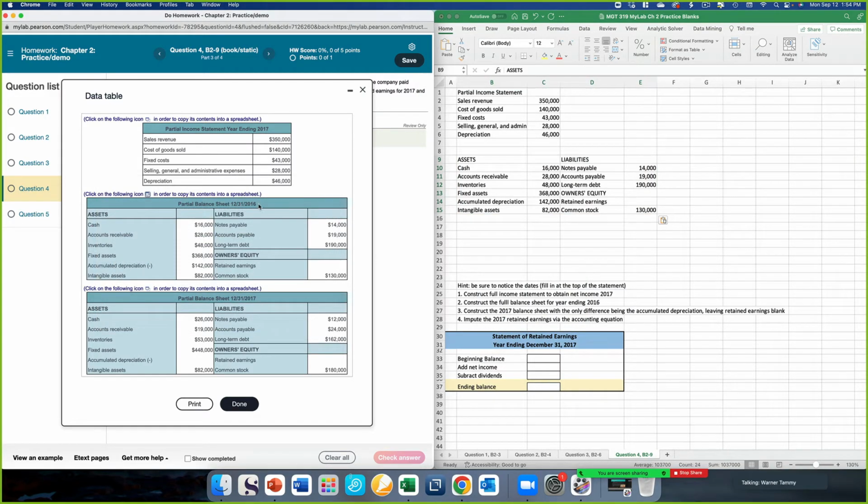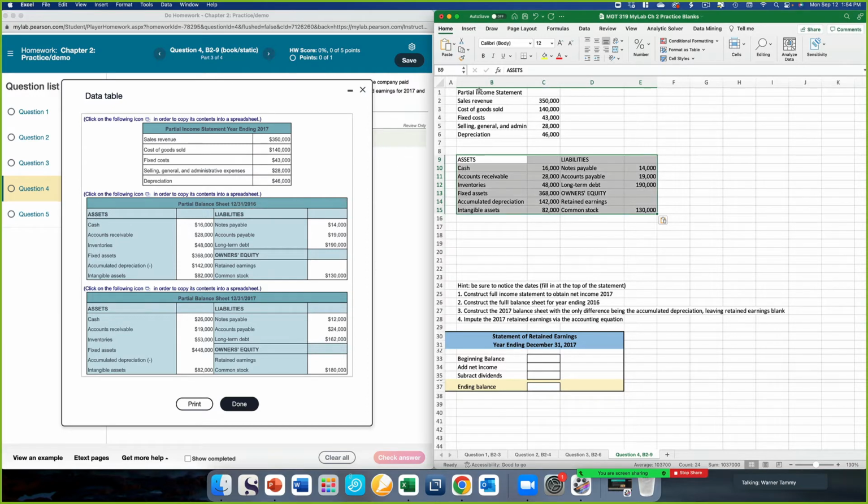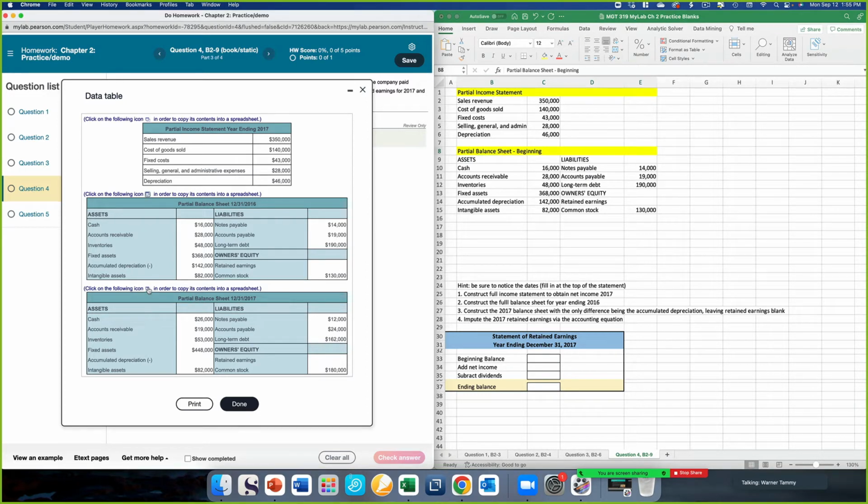Okay, I want to note that we should probably label this partial balance sheet. This is our beginning balance sheet, because it came first. All right. And now here comes our ending balance sheet, same deal.